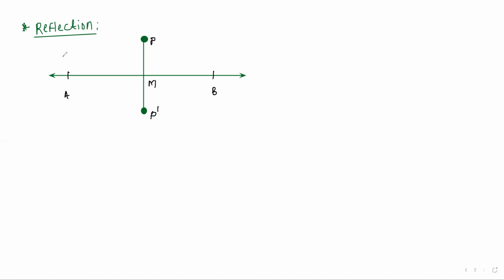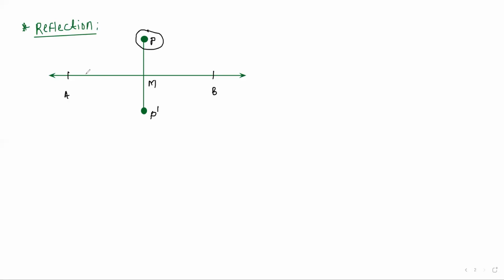So here you can see the figure in which we have given a line AB and this point P. AB is the given line. Now draw PM perpendicular to AB. So we have drawn this.